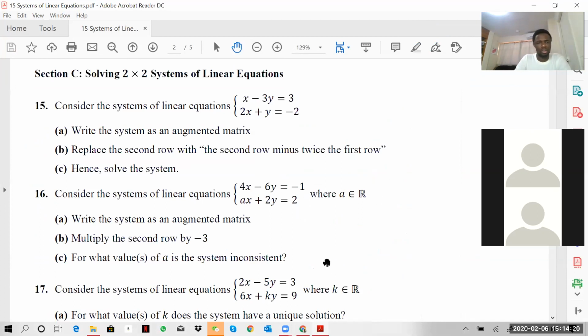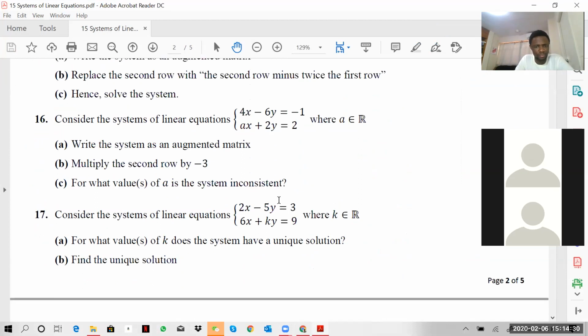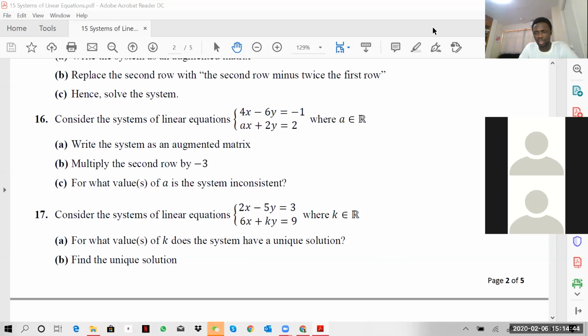Okay, so which one shall we do first? Maybe we consider 16. Let's consider 16 together, shall we? Yeah? Okay. So let's consider 16 together. I can open it on my phone actually. All right.